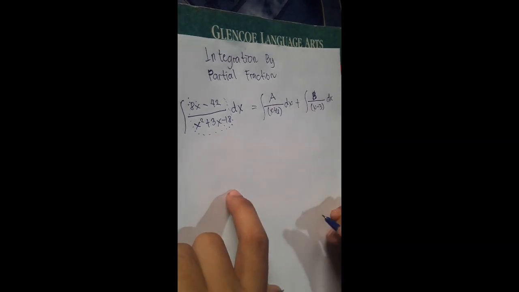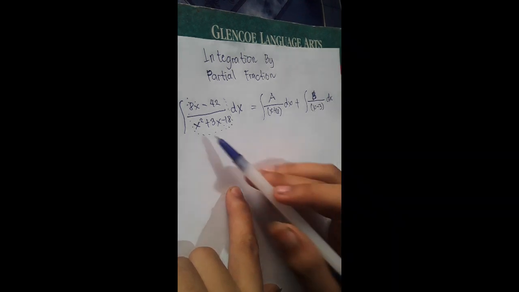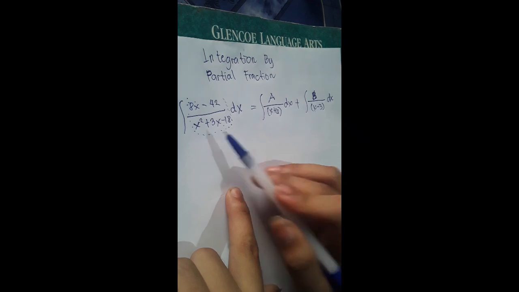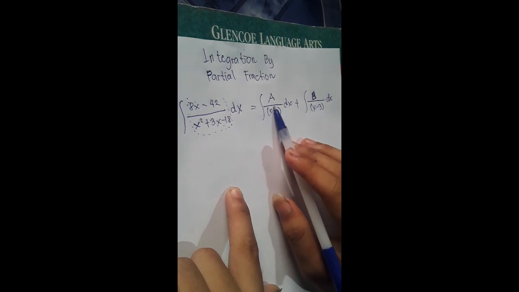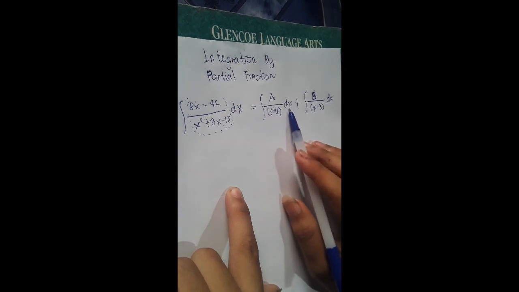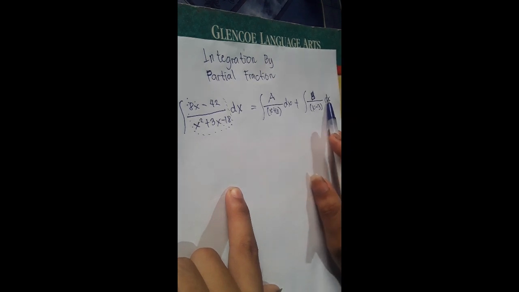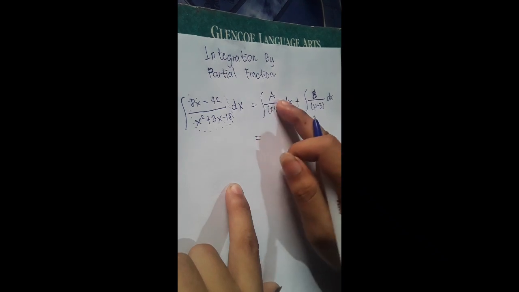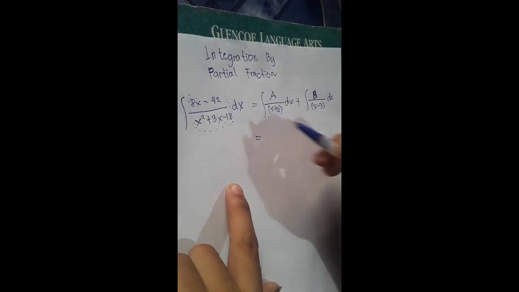Now, there are many techniques on how to get the integral of this. For me, I prefer to simplify first the integral of a over x plus 6 dx plus the integral of b over x minus 3 dx. I am going to move the a out of the integral sign.